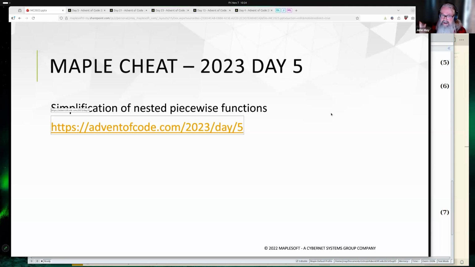I'm kind of cheating here, because with some of these problems, it's late at night in December, and I have a messy worksheet that has nested loops and all sorts of crazy things. Then I solve the problem, I get the right answer, and then I'm like, oh, I should have done that with piecewise functions.